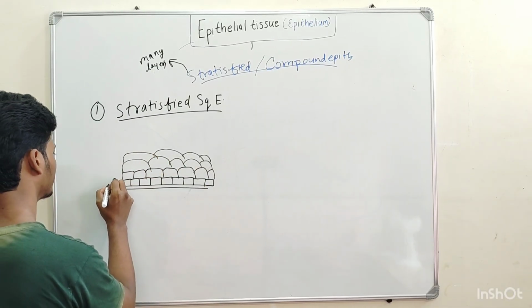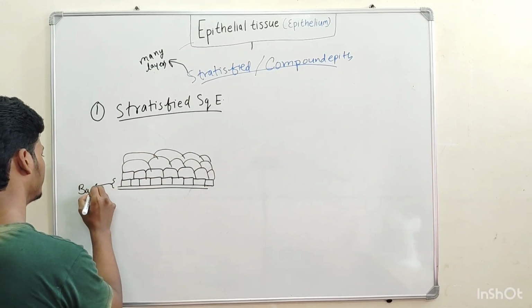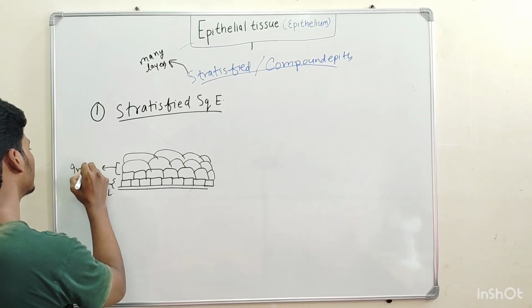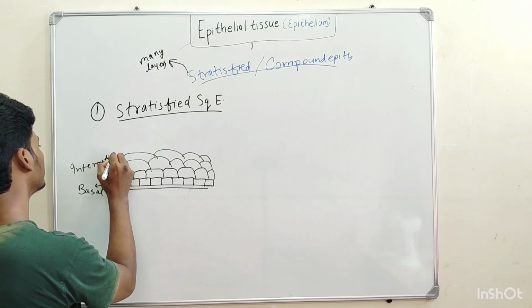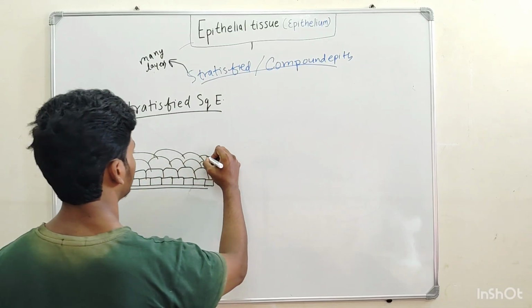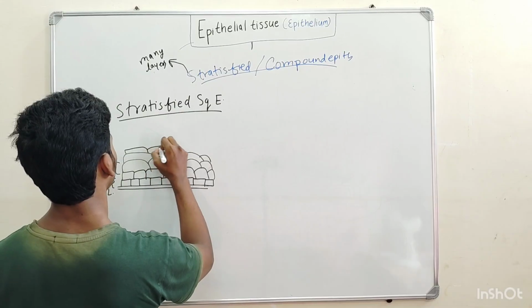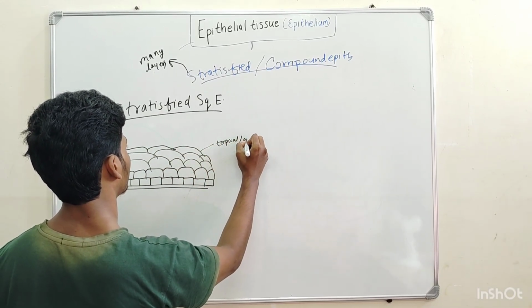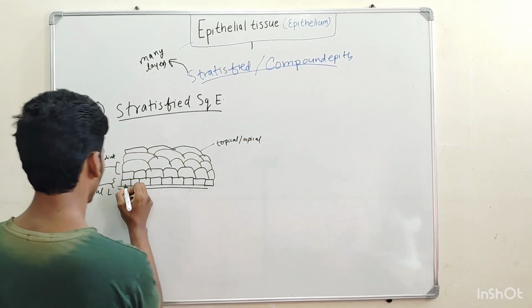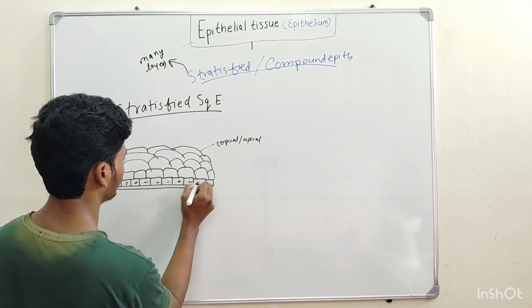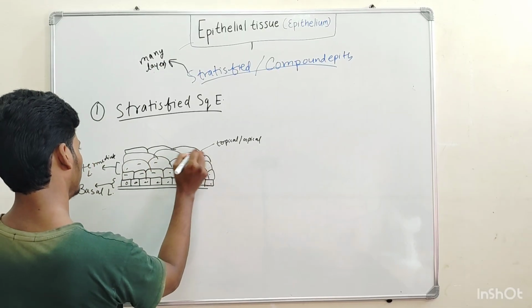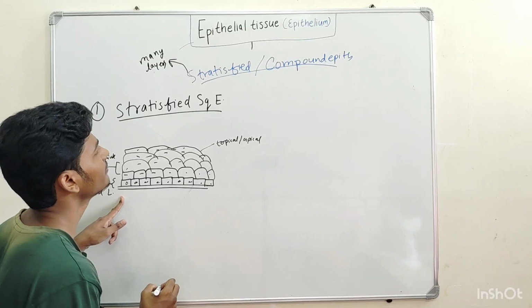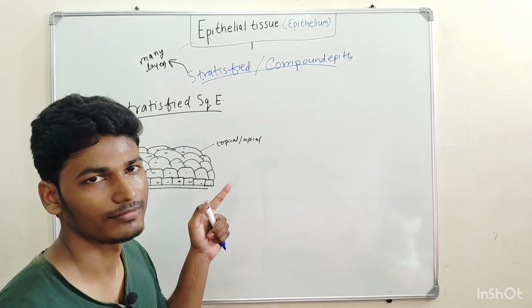So this is the basal layer, this is the intermediate layer, and this one is the topmost, or you can say apical layer. So nucleus, okay, you can imagine it.